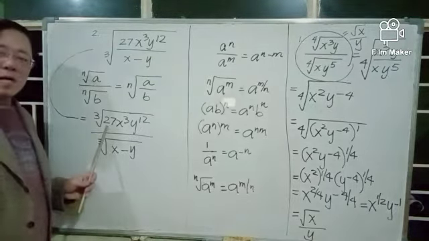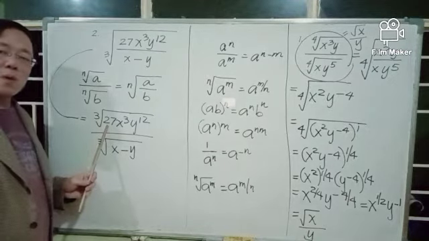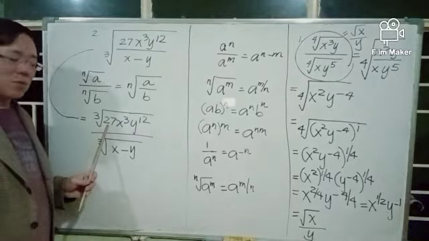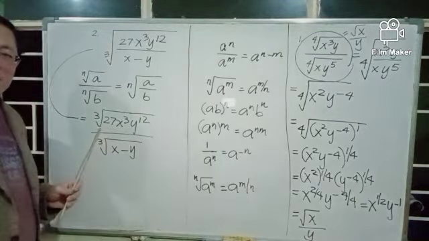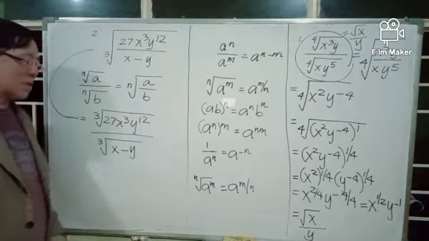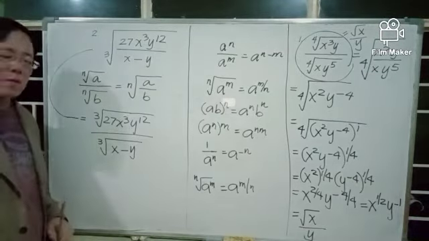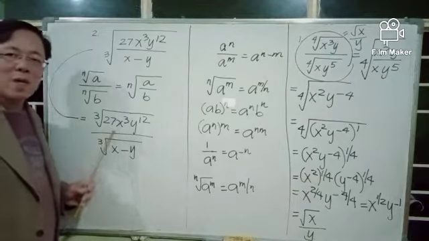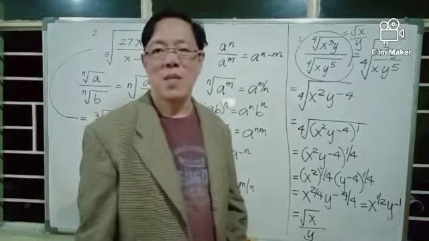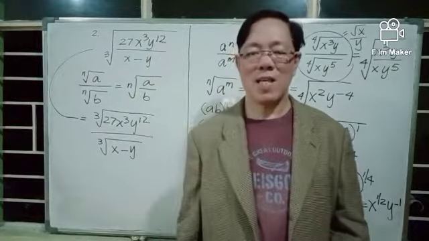And also 27 can be written as a cube of 3, or 27 can be written as 3 to the power 3, and the exponent 3 is divisible by 3. Hence, we simplify the numerator by using properties of radicals and exponents.